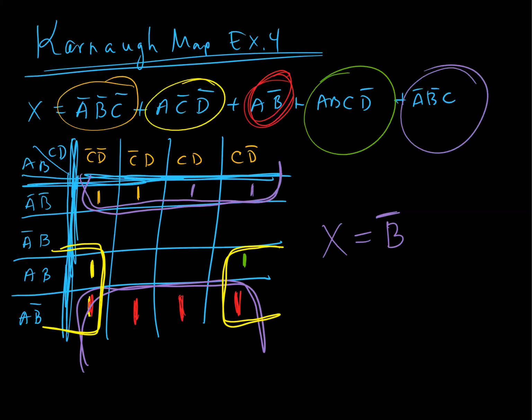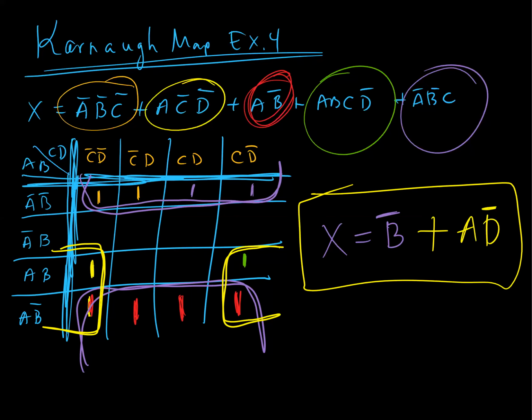That's when it goes from one side to the other. I can't wrap from one side to the other if I'm not on the edge. So in this case, the things that remain the same here are A and D bar. So they become the terms, and this is our final answer for this. So you can see that this really simplifies.